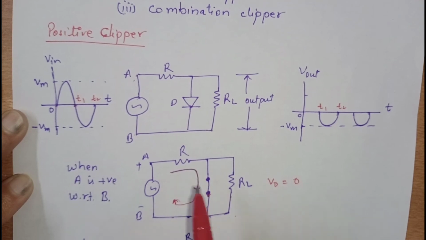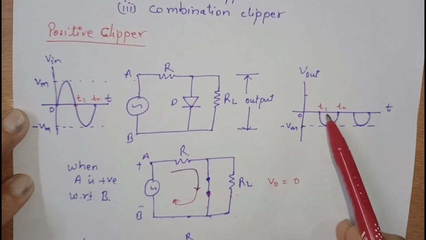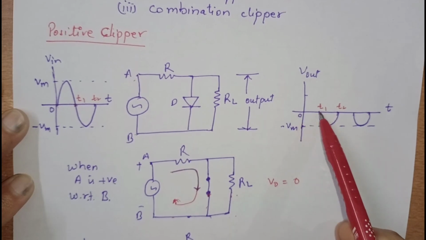So current flows through this short circuit. As there is no current in RL, there will be no voltage drop across RL and the output will be 0. So during 0 to time T1, there will be no output.